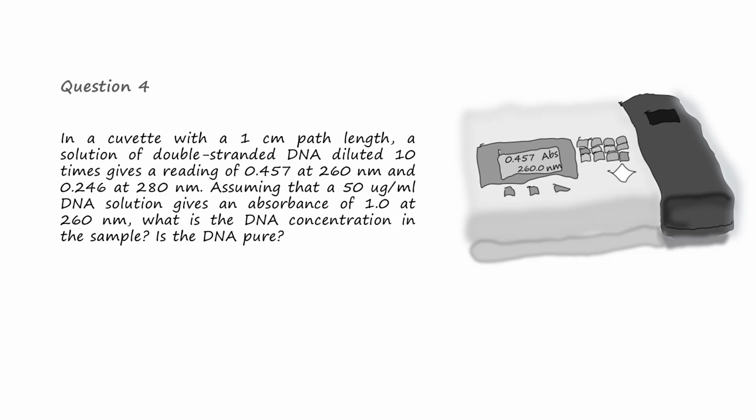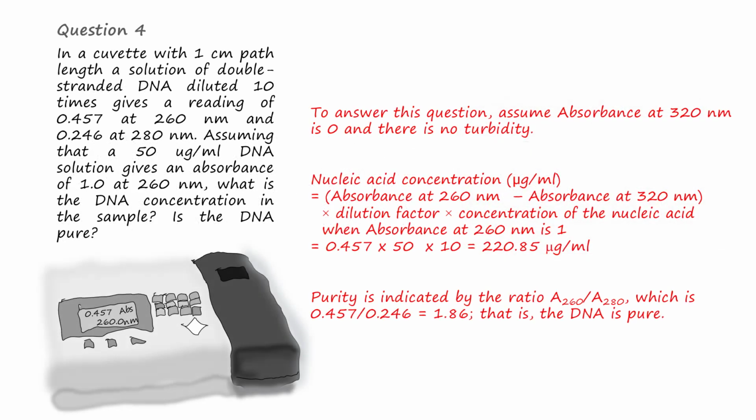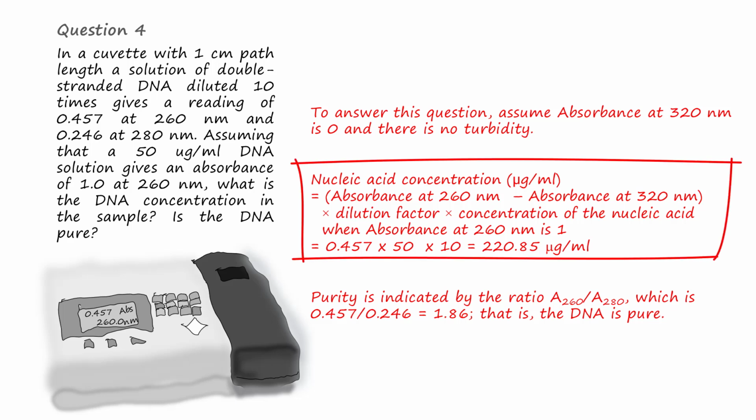Is this DNA pure? To answer this question, first let's assume absorbance at 320 is equal to 0 and there is no turbidity. Then based on the equation, nucleic acid concentration in microgram per ml is equal to absorbance at 260 nanometers minus absorbance at 320 nanometers, multiplied by the dilution factor, multiplied by the concentration of the nucleic acid when absorbance at 260 nanometers is 1.